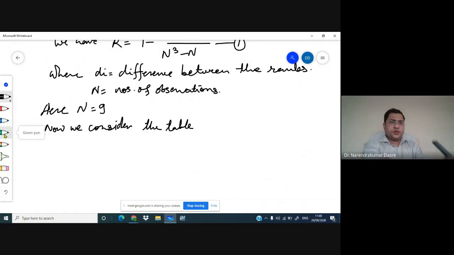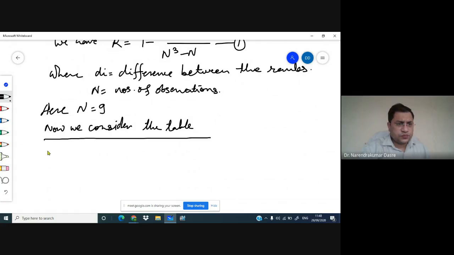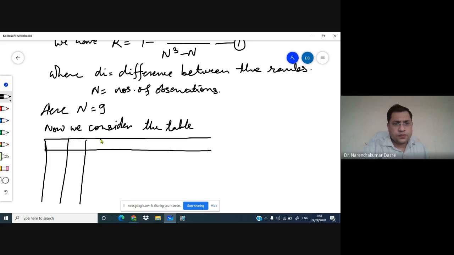So we are able to make the table. See here. Make this table. You'll have X, Y, then you'll have R1, R2.